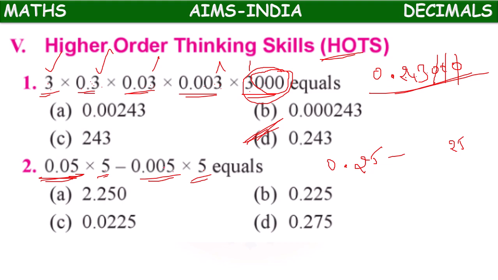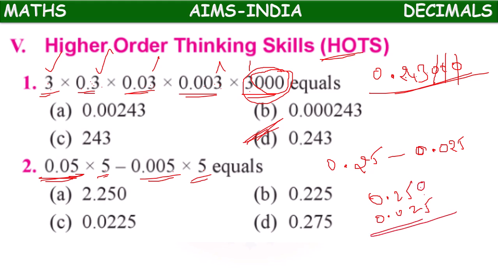But here 3 decimal places, and we are having only 2 places. So we can keep 1 0. After 3 decimal places, point. So we can keep 0 here. 0.025. Means 0.25, 0.025.